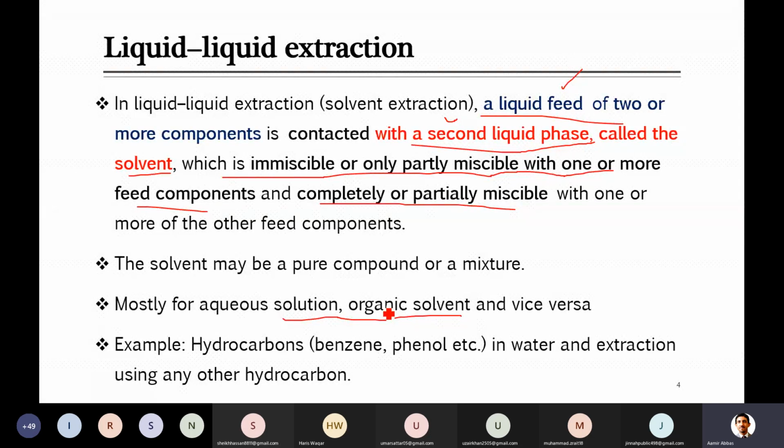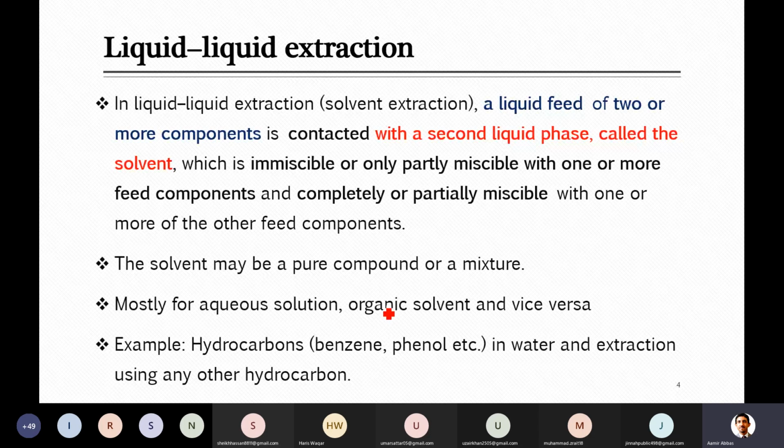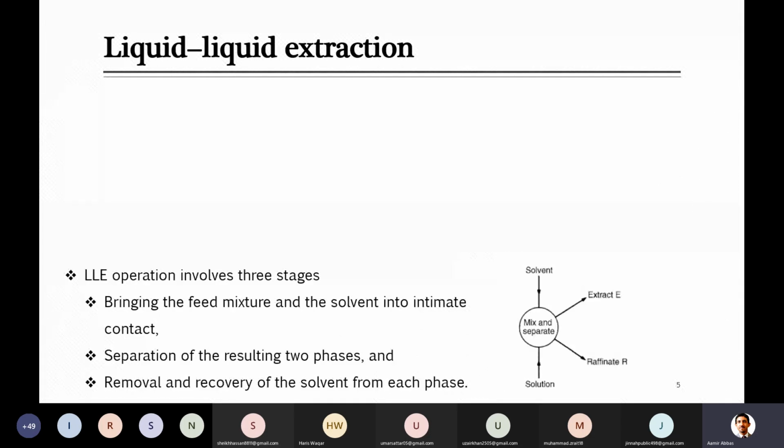So overall, when you look at liquid extraction briefly, in simple steps, there are 3 steps. What are those 3 steps or stages? First of all, you have to bring the feed mixture and the solvent in contact.